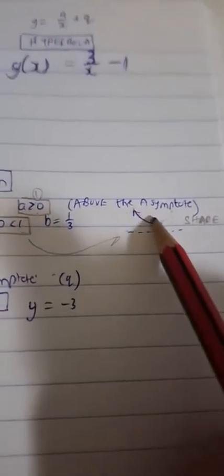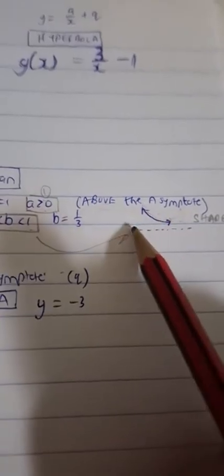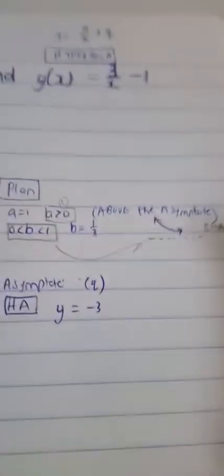So the shape of the function, I already have an idea of in my head. It will be a decreasing function like this above the asymptote. This here, guys, is a rough line that represents the asymptote.